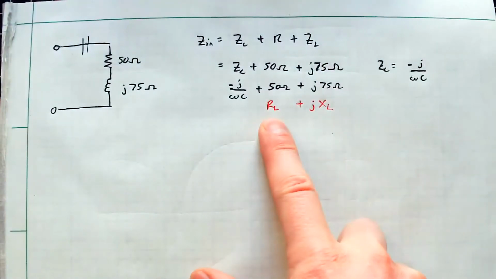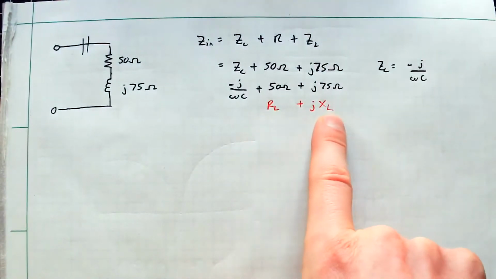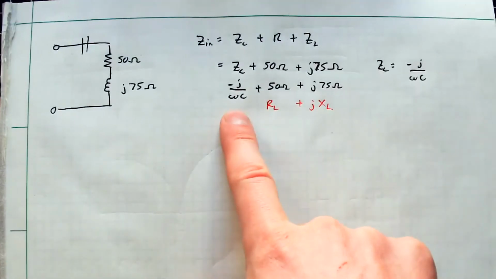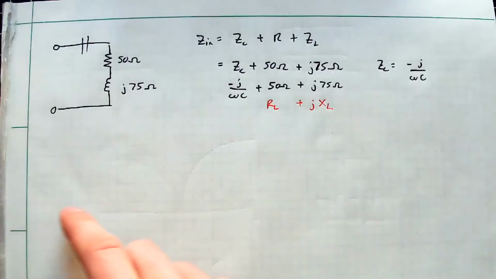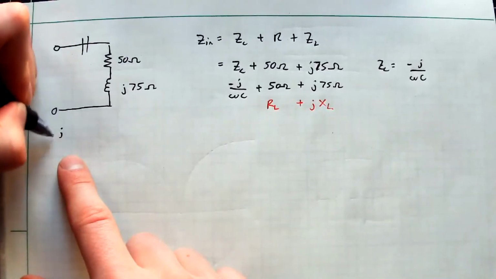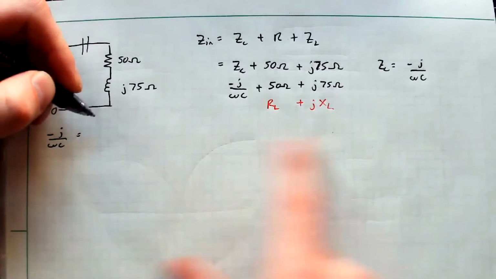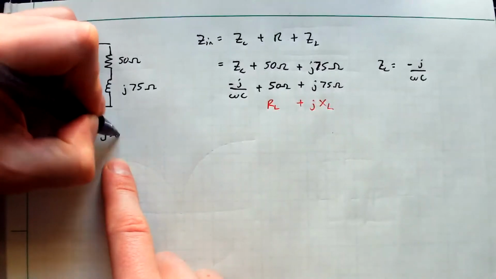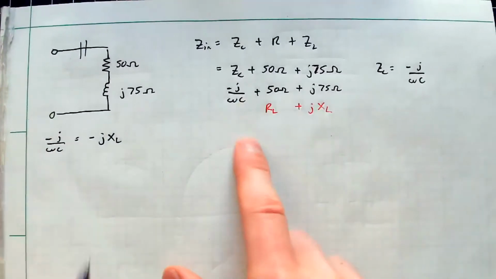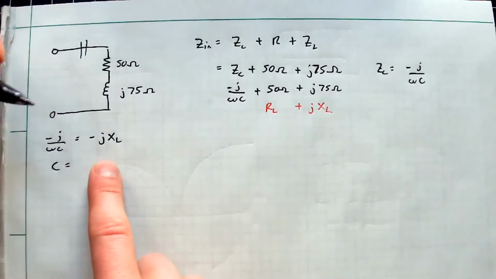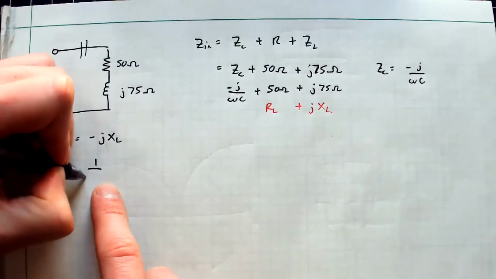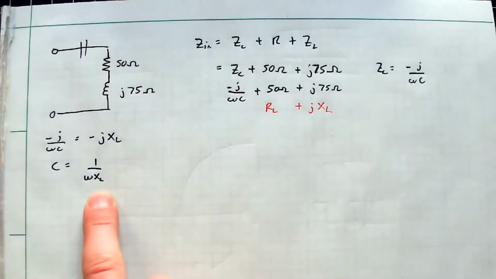There's the real component of the load and then the reactive component. I want this to equal the negation of that. So negative j over omega C is equal to negative jX_L. I want these two terms to cancel out, and solving for C you get C equals 1 over omega X_L.